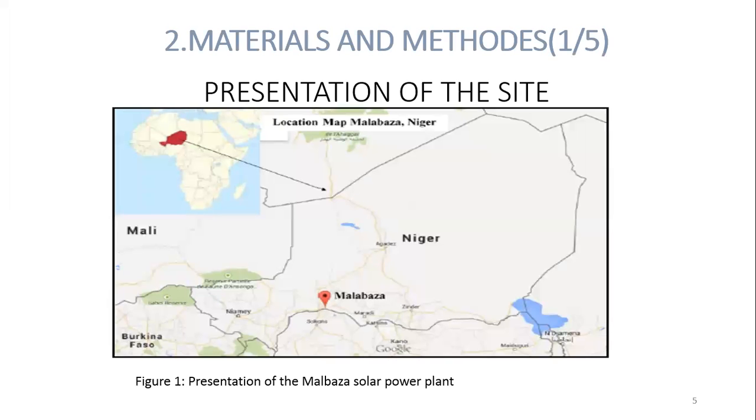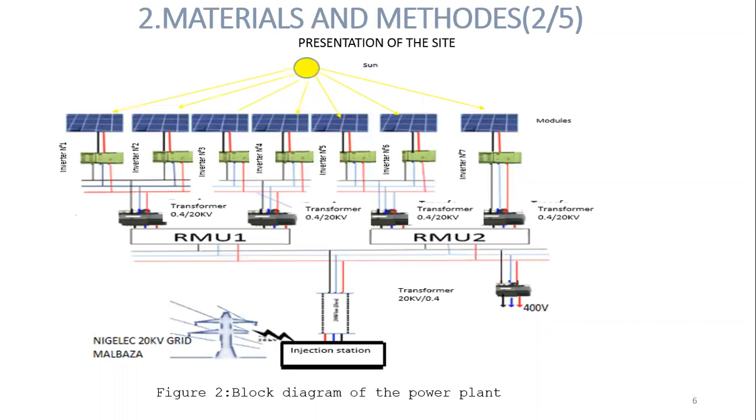Materials and methods. The photovoltaic solar power plant is located in the department of Malbaza, Niger. The solar power station is made up of 21,231 modules. One megawatt unit capacity central inverters are used to convert the DC current to AC. The 7 inverters provide 400 volt AC.